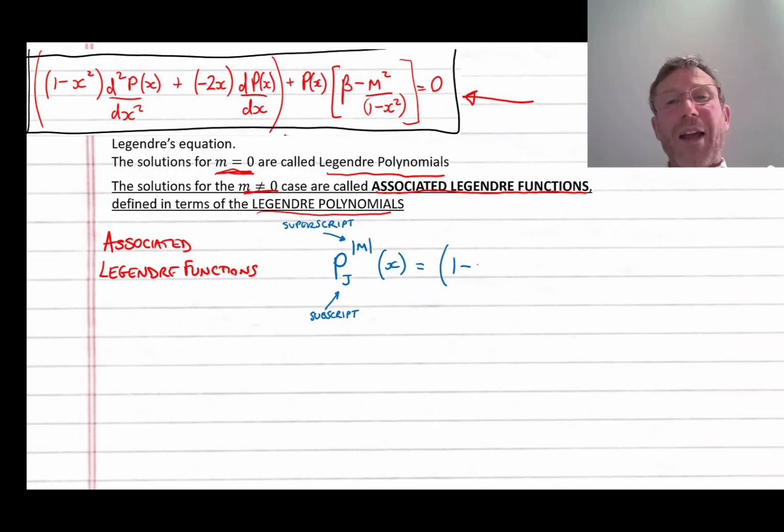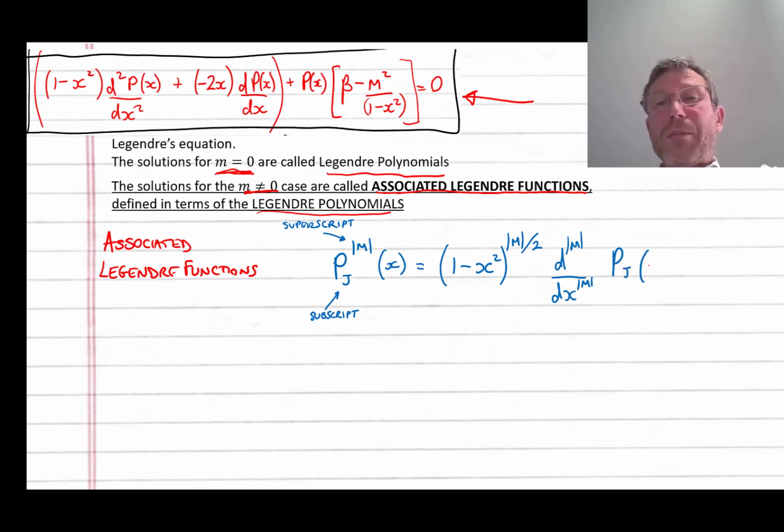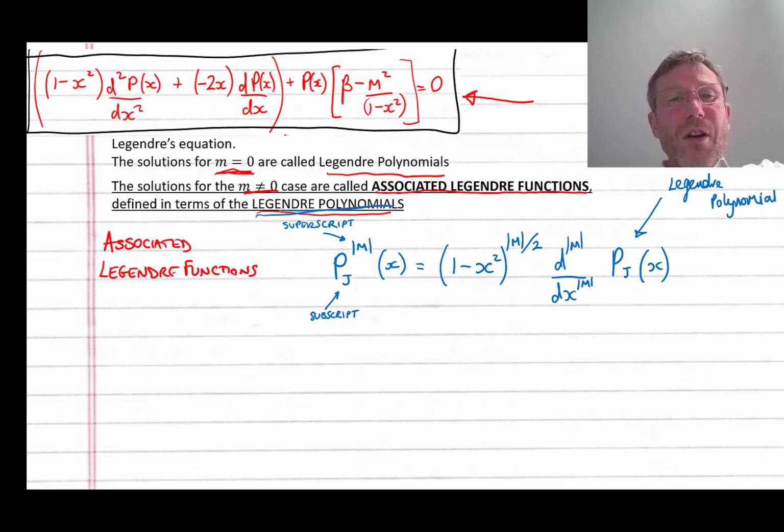It is (1 minus x squared) raised to, this is now an exponent, the magnitude of m over 2, and d to the power of m by dx to the power of m, multiplied by P sub j in here. This is our Legendre polynomial. So it's defined in terms of the Legendre polynomial. That's what this statement says for us.